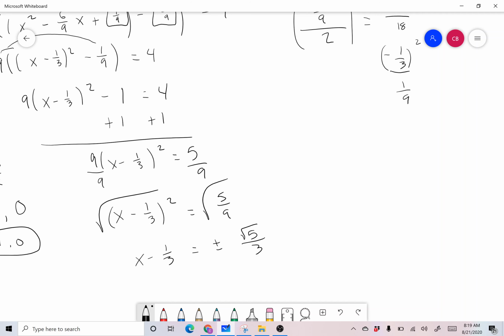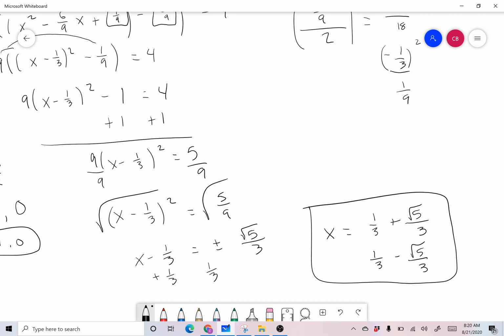Square root of 9 is 3, don't forget. And then I add the 1/3 to both sides. And now I have x is equal to 1/3 plus square root of 5 over 3, and 1/3 minus square root of 5 over 3. Okay, so that's taken care of.